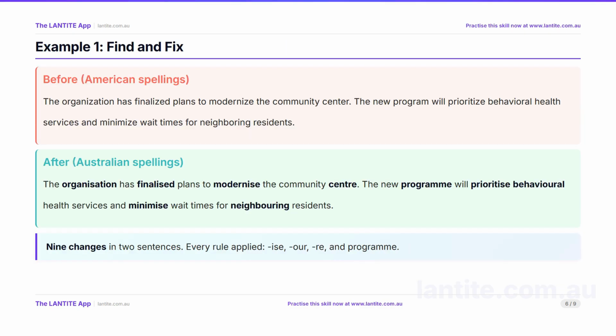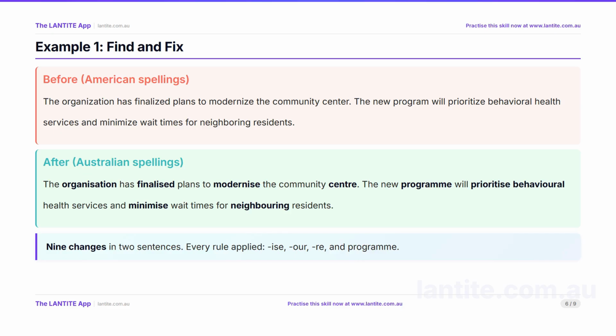Let us apply all 3 rules to a real paragraph. The American version reads, "The organization has finalized plans to modernize the community center. The new program will prioritize behavioral health services and minimize wait times for neighboring residents." Now, let us convert it. Organization becomes organisation. Finalized becomes finalised.